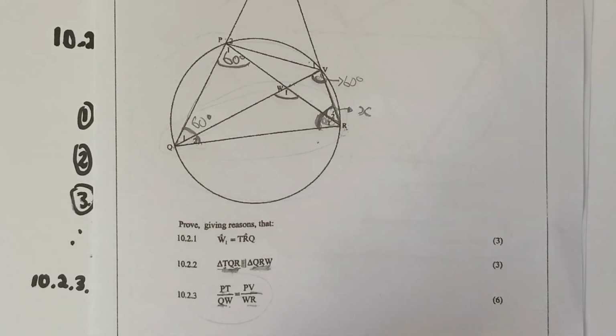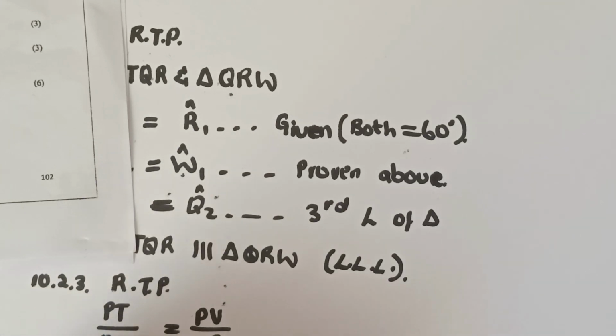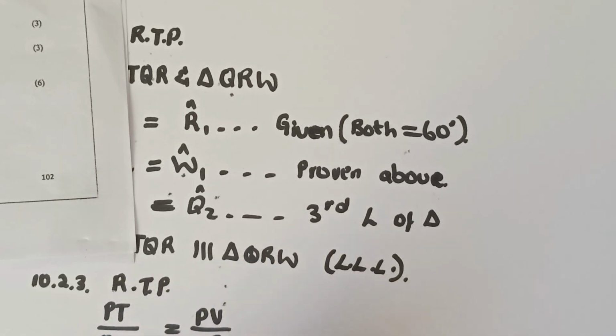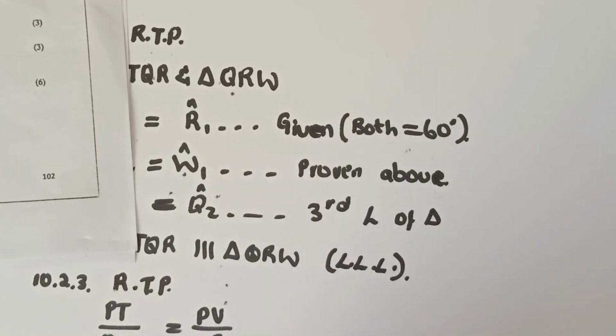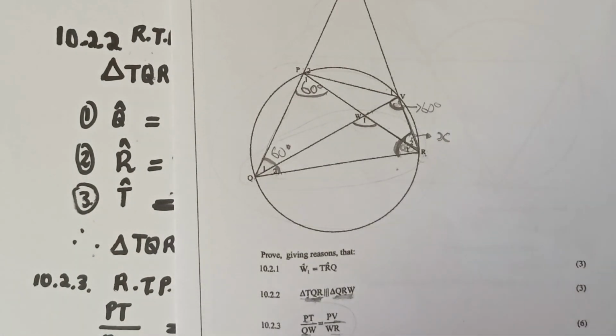Okay, now for triangle PTV and triangle QWR, let's try to find the similar triangles from them.